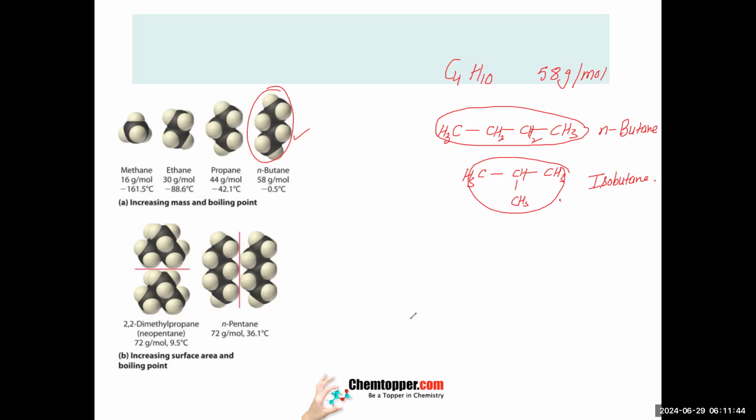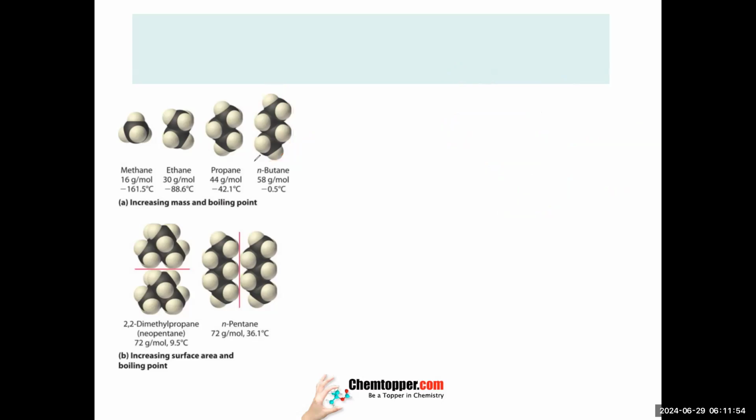Okay, so we are good with this? Normal butane and isobutane. Okay, one more question before we go to the next thing. There is a molecule CH3CH3, this one, ethane. There is a molecule CH3CH2OH.